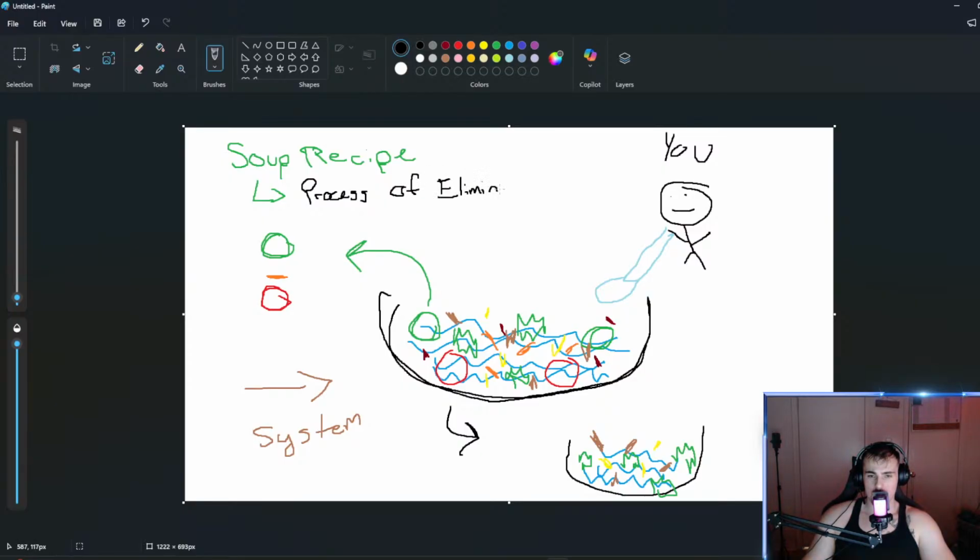And in that process of elimination, for the soup example, we're finding the ingredients we like and keeping them and getting rid of the stuff we don't like. And trading acts the exact same way.